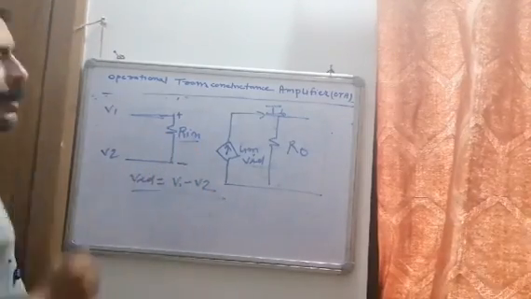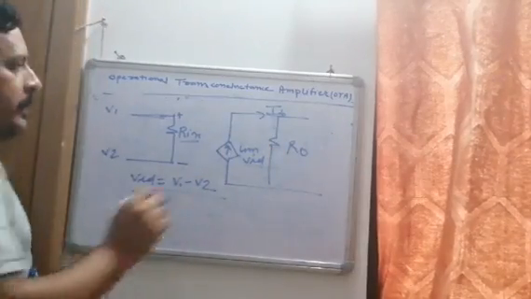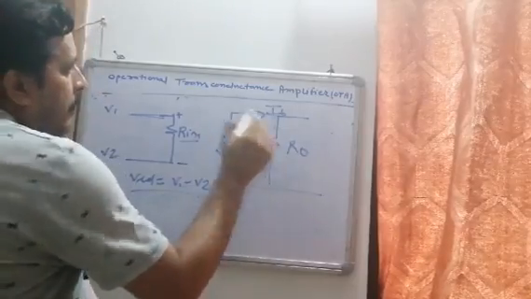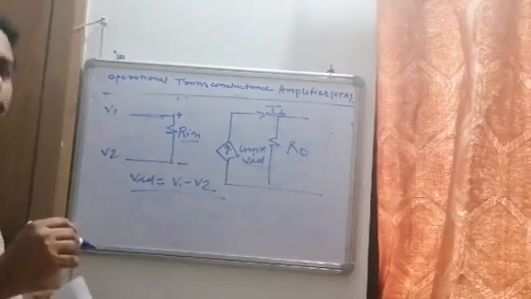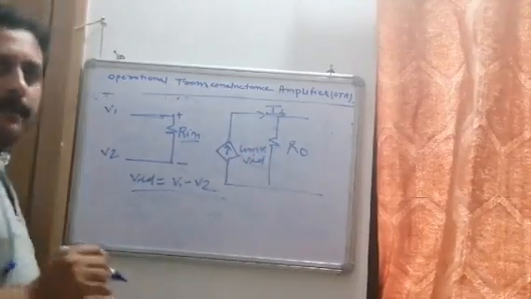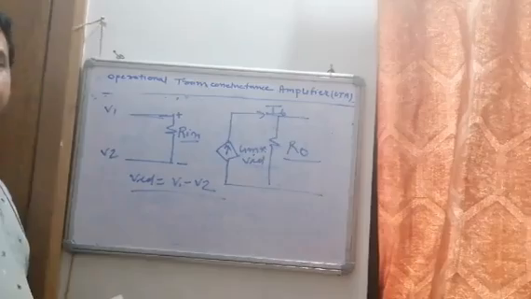So this is the input impedance. Output behaves like a current source and depends upon transconductance GM multiplied by VID. Output current I naught is equal to GM multiply VID and R naught is the output resistance or impedance.